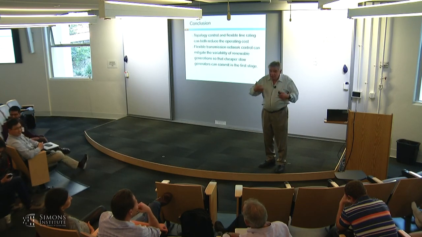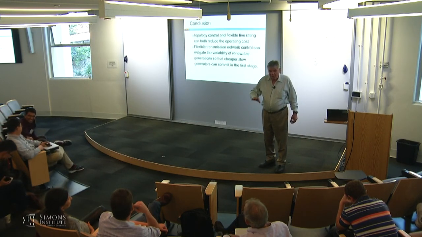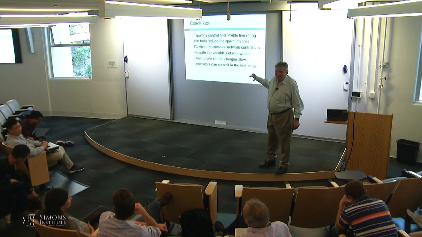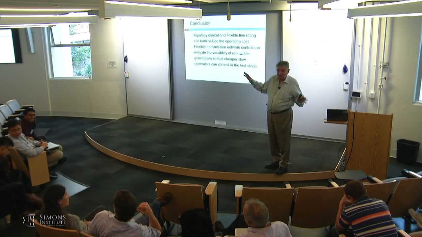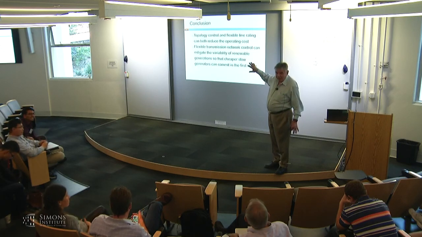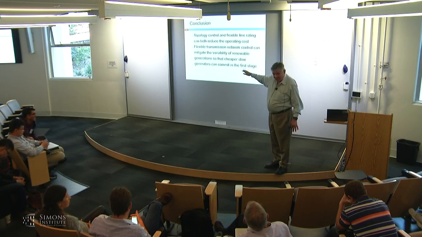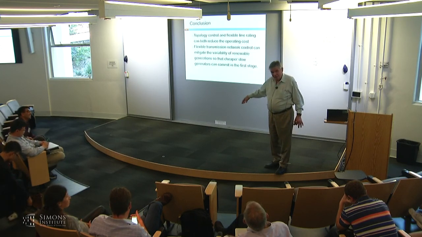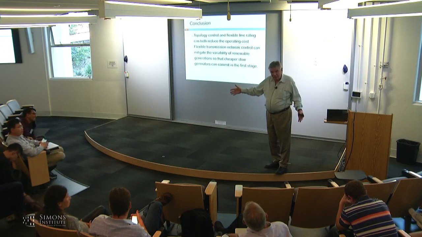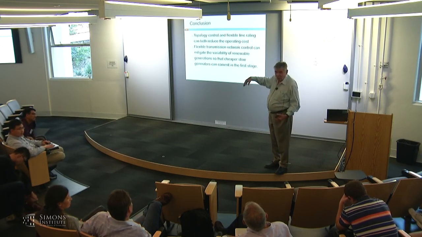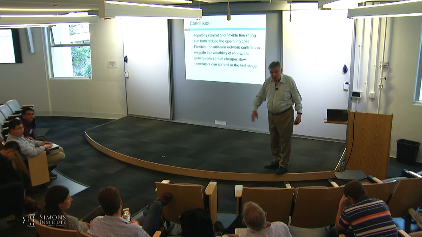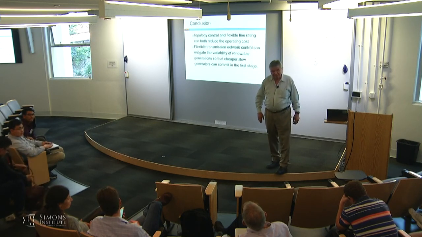But yes, that would be another mechanism. So this is a simplified problem. If you really want to solve the full problem, all these other actions that I pointed out as ways to achieve flexibility have to be considered in the portfolio of recourse actions that you can use.